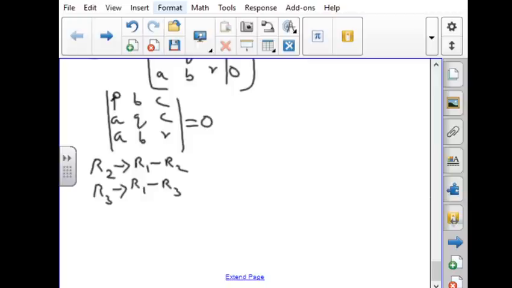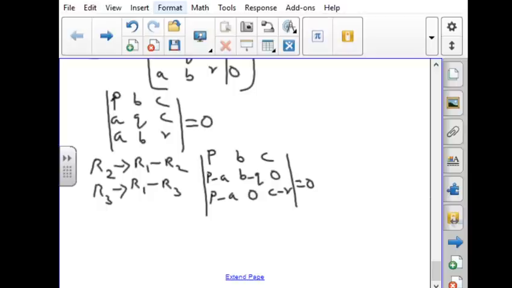So it gives us the determinant P, B, C; P minus A, B minus Q, 0 from R1 minus R2; then R1 minus R3, so P minus A, 0, C minus R is equal to 0.